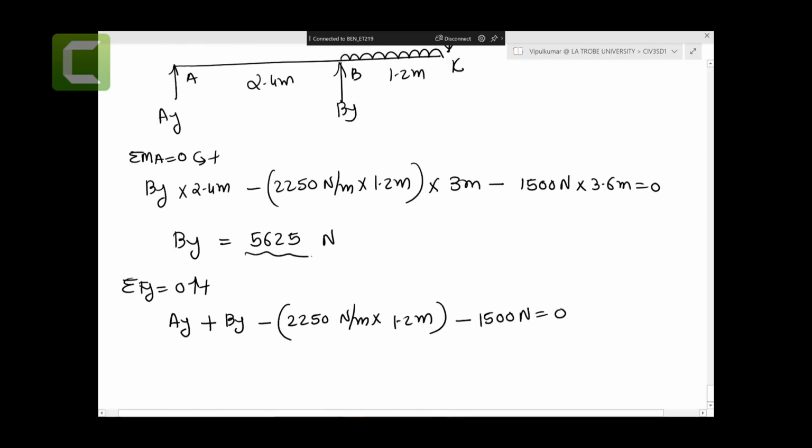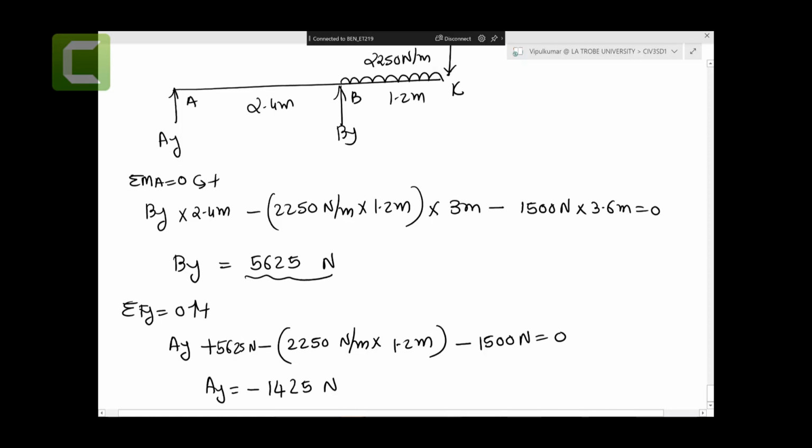We substitute By, 5625 Newtons. So Ay equal to minus 1425 Newtons. I think that finishes finding the reaction forces in the real system.